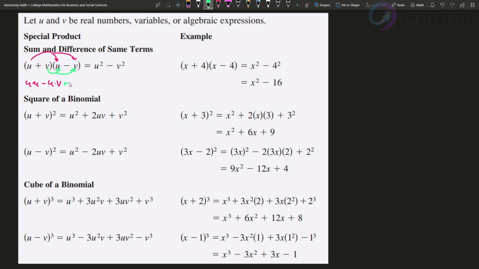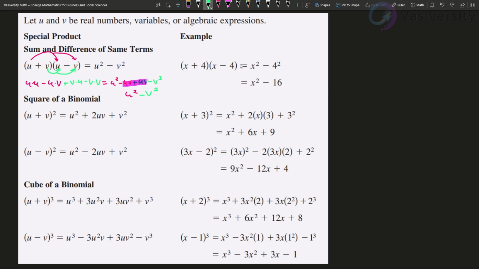So we can rewrite it as u squared minus uv plus, we can rearrange it to be uv, minus v squared. So clearly these two cancel out, and we're going to have the final answer to be u squared minus v squared, which is exactly what we got here.